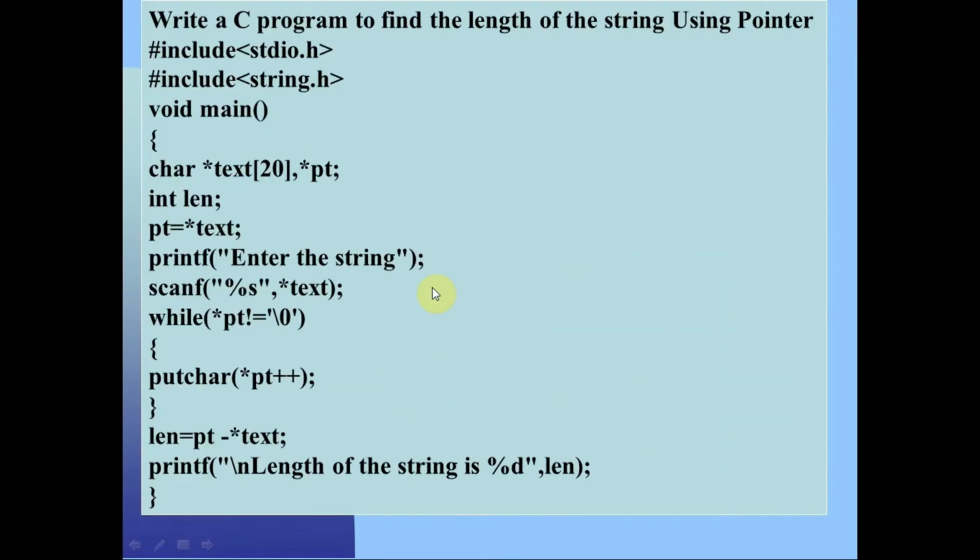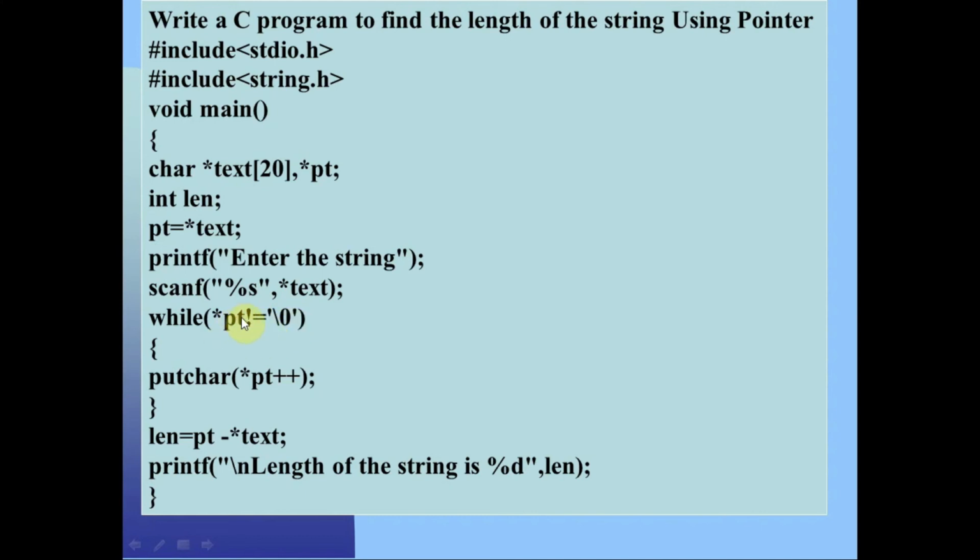This is another example. Write a C program to find the length of a string using ptr. First of all, we are getting the input. This input is directly stored into the pointer variable, that is asterisk text. Here putchar is used to display the character. Asterisk ptr not equal to null.